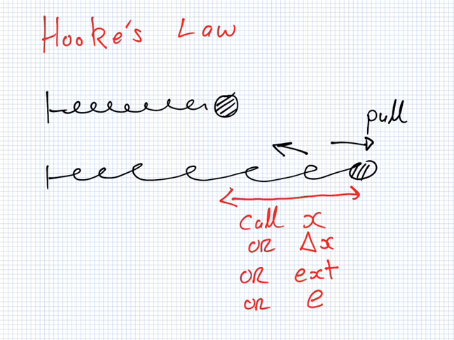Extension means like extra. So I usually call this distance delta x, and it's the distance you pull it. So in the first picture, delta x is 0. You're not pulling it. And in the second picture, maybe delta x is 5 centimeters or whatever. So you understand what I mean when I say delta x?